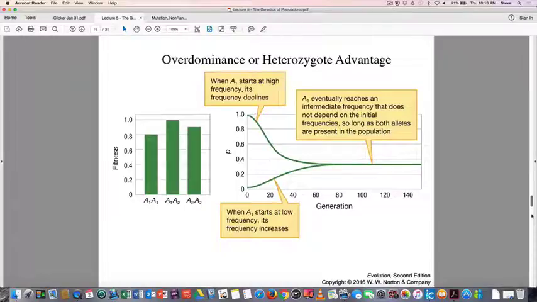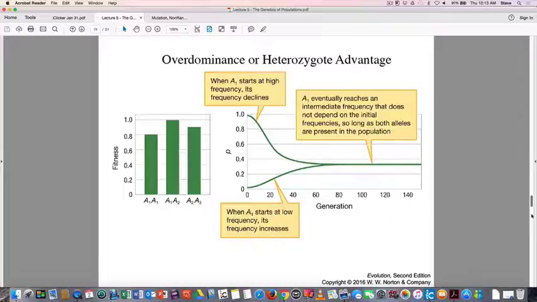Now, how is this different from dominant selection, intermediate dominance, and the recessive model? What's different about this one in terms of the outcome? The heterozygote has a fitness advantage, but what happens to the frequency of the alleles?